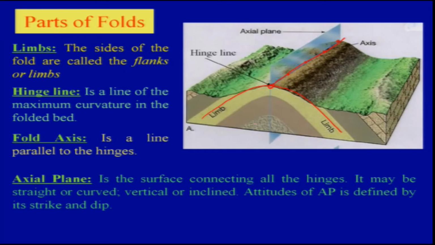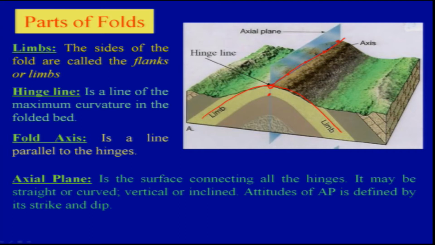Then we have the axial plane, the plane which connects all the hinges. For this outer fold curvature, you have this hinge point, and then you have more hinge points.